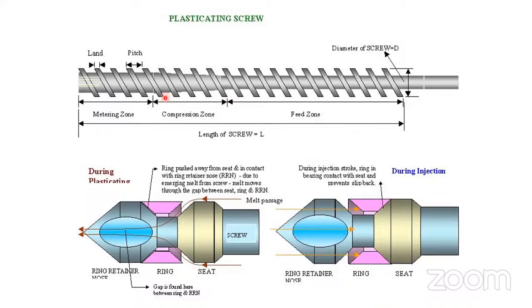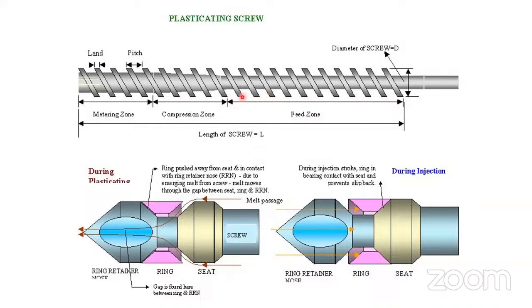Now, in the metering zone, the flight depth is constant. As much as it is here, it is the same there. Suppose 5 mm, 5 mm, 5 mm, that's it. It is not like that here, here it is decreasing. Suppose this is 8 mm, here 7 mm, 6 mm, 3 mm, 2 mm, like that it goes on decreasing.